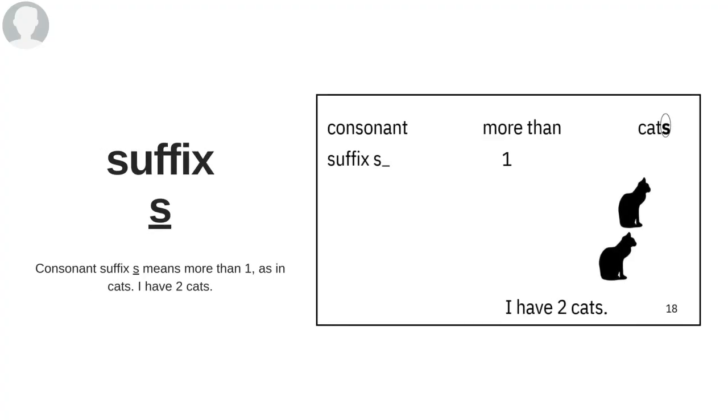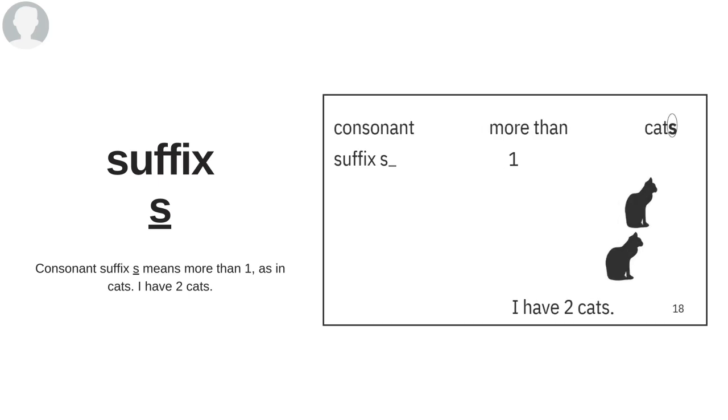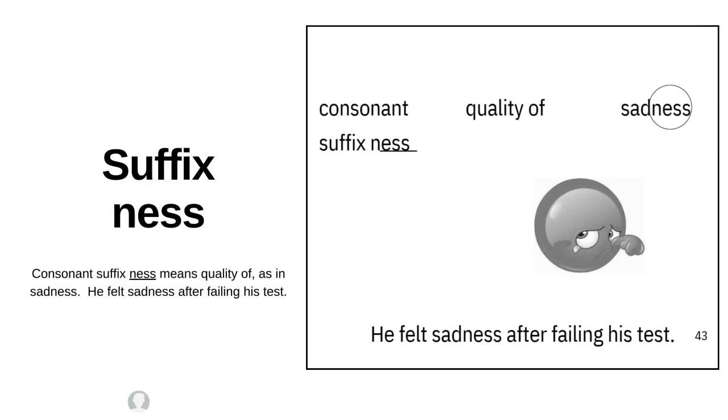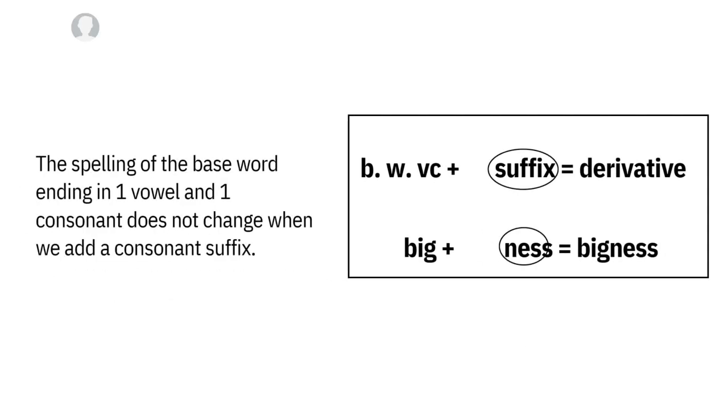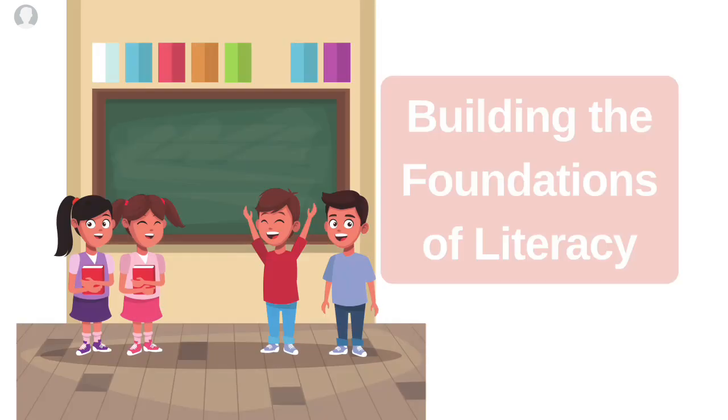Consonant suffix s means more than one, as in cats. I have 2 cats. Consonant suffix ness means quality of, as in sadness. He felt sadness after failing his test. The spelling of a base word ending in 1 vowel and 1 consonant does not change when adding a consonant suffix.